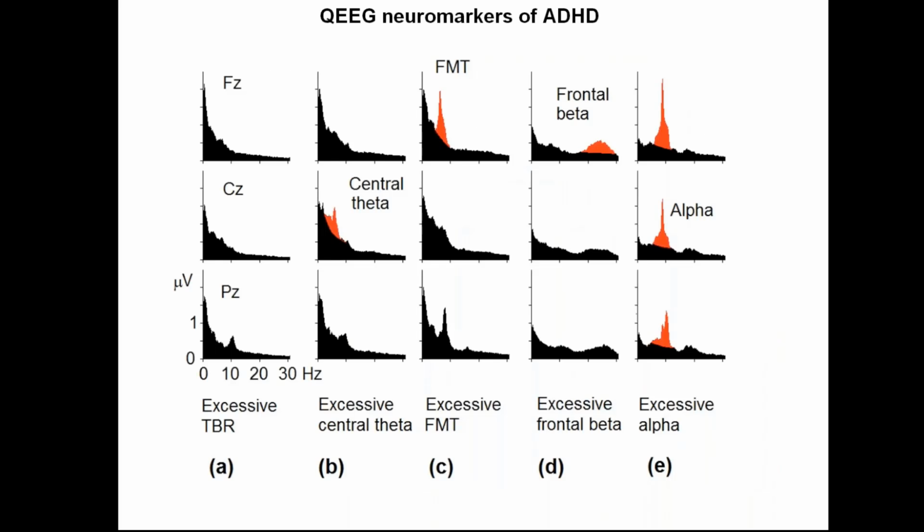Also, the first step that we try to do is to separate several subgroups, several patterns of spectral EEG in ADHD, and we were able to separate the group with excessive central theta, with excessive frontal midline theta, with excessive frontal beta, and with excessive alpha rhythmicities in the brain.